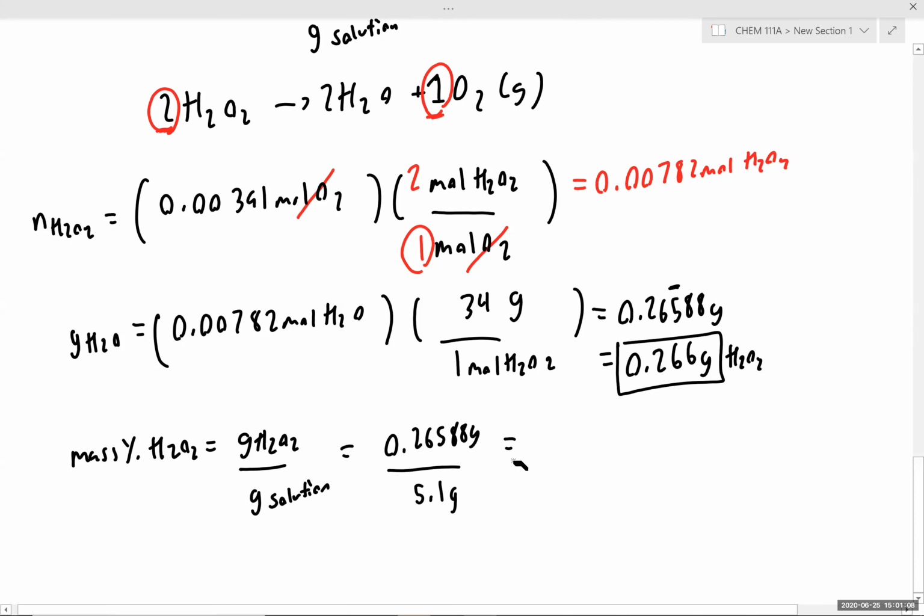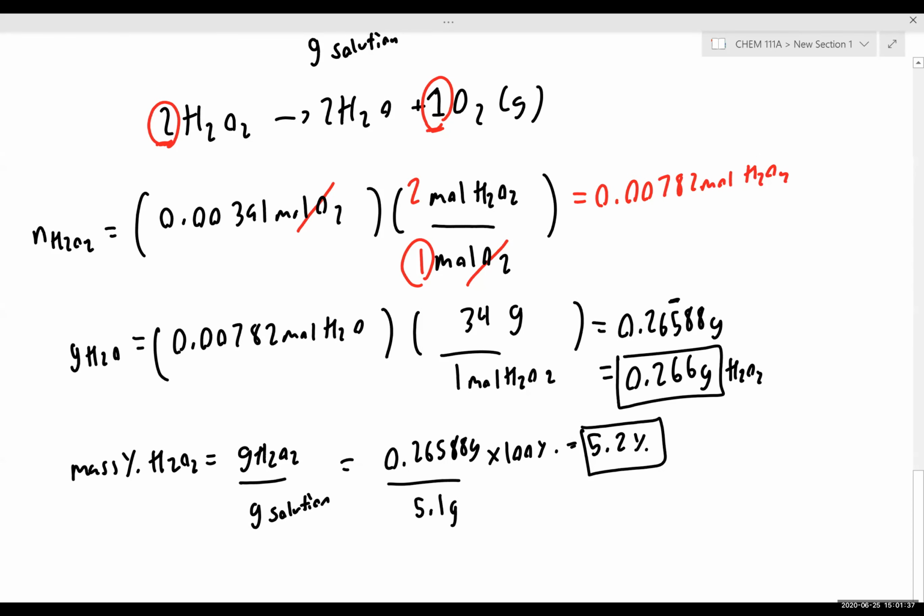And that gives us a calculated value of 5.21 or 5.2% for mass percent. So not the most accurate method. If we double check our bottle, we see it should be around 3%. But this method has a few sources of error. It's likely we ended up collecting a little bit of extra gas from the gas trapped in our tubing.